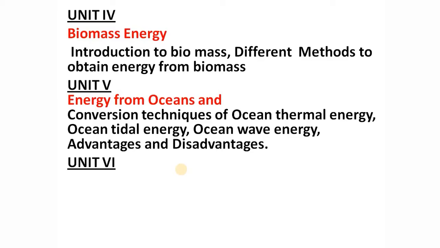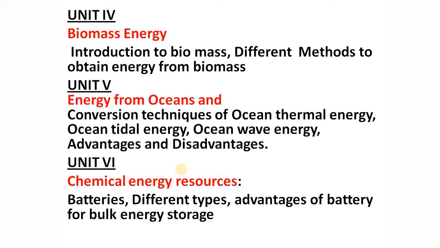And the last unit, unit number 6, in which we will study some chemical energy. This can hardly be classified as a non-conventional source, but still it is comparatively modern. So we have included it here, where we will be discussing batteries, different types of batteries, and how batteries carry and store energy.